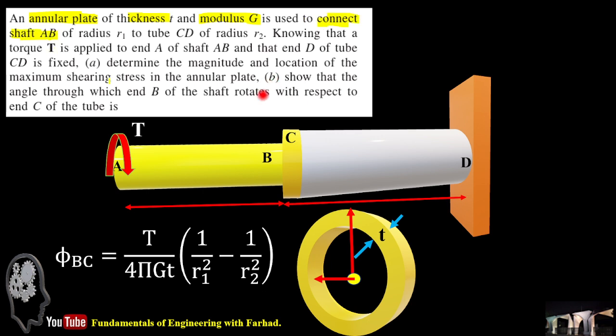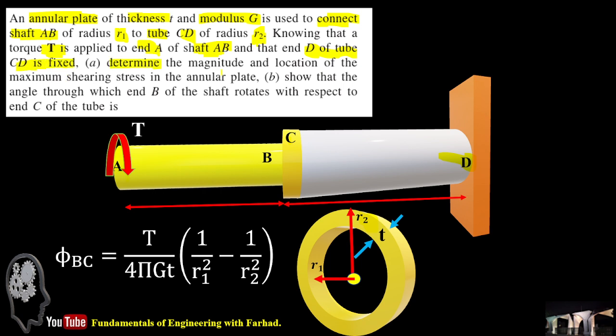This is shaft AB with the radius of R1, which is the same as the internal radius of this annular plate, to tube CD. This is tube CD with the radius R2, which is this one. Knowing that the torsional torque T is applied at the end A, so a torsional torque applied here in shaft AB, and the end D of this tube is fixed.